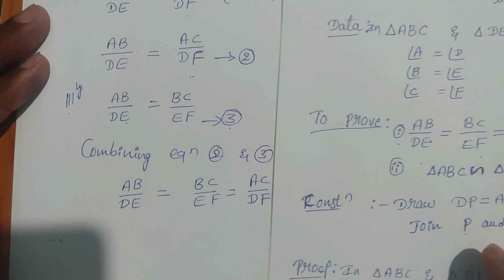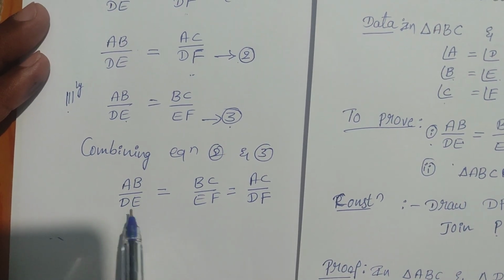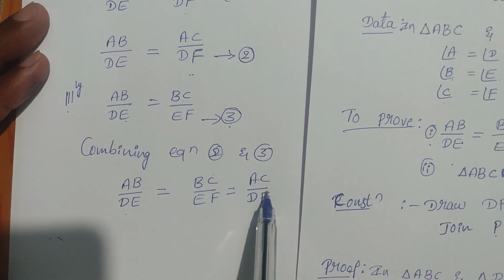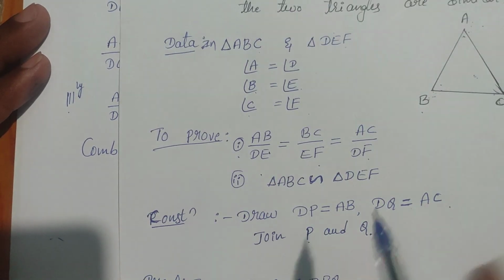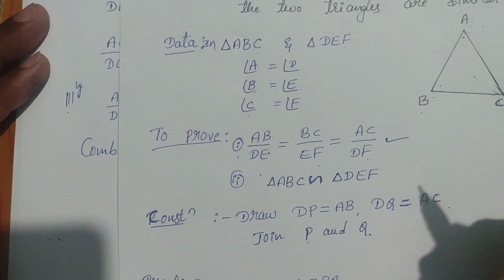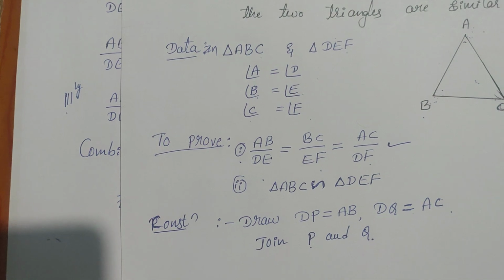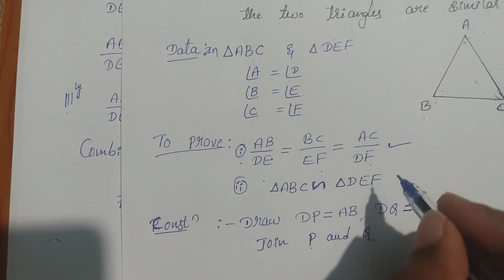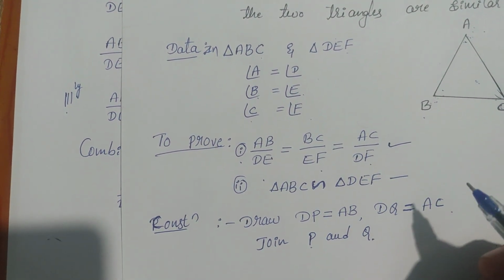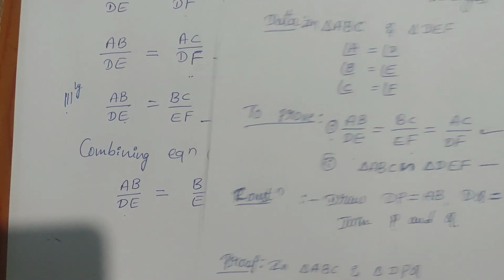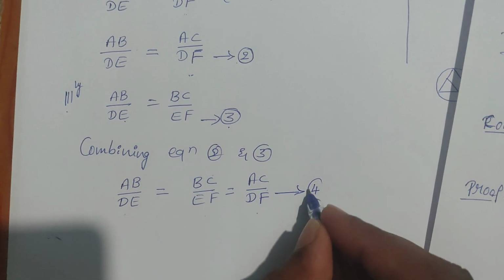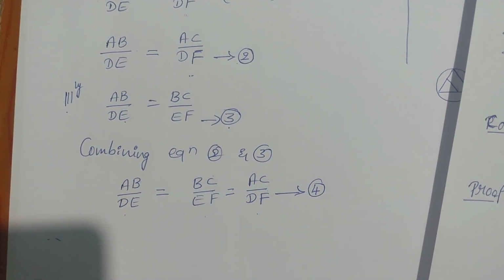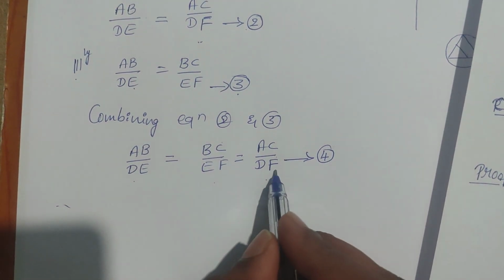So the same thing we proved here, AB by DE is equal to BC by EF is equal to AC by DF. So the first thing is proved, and we need to prove this one, triangle ABC is similar to triangle DEF. That's very simple. For that you need to name this as equation number 4. So observe equation 4.